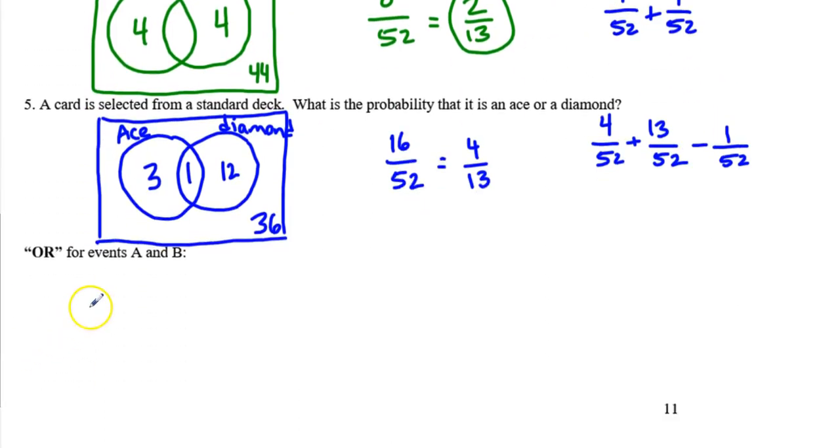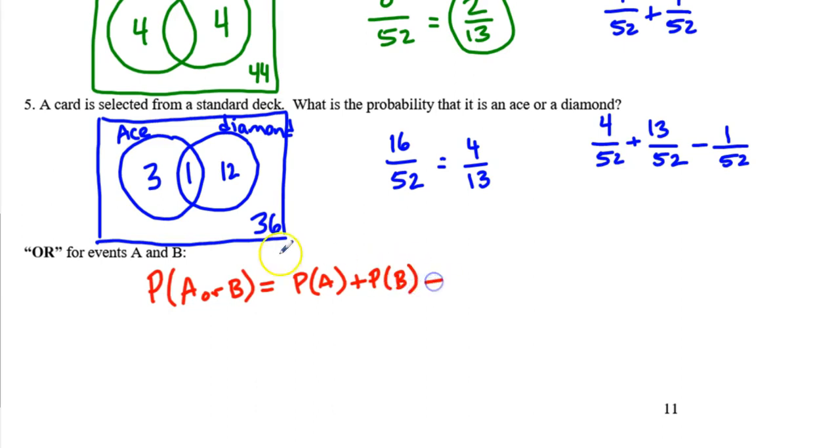So in general, our formula for OR would be something like this. Probability of A or B is the probability of A plus the probability of B minus, if there is any overlap, the probability of A and B. Obviously, if there is no overlap, like there wasn't in number 4, then you're just subtracting nothing.